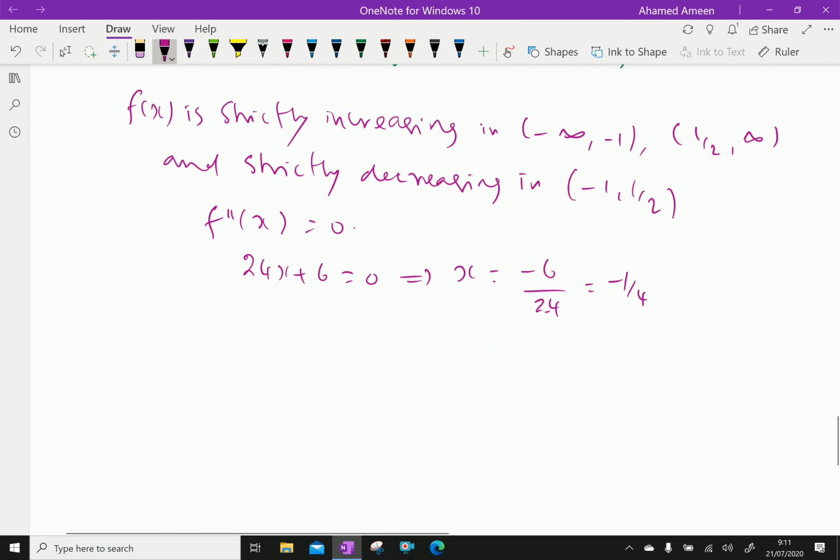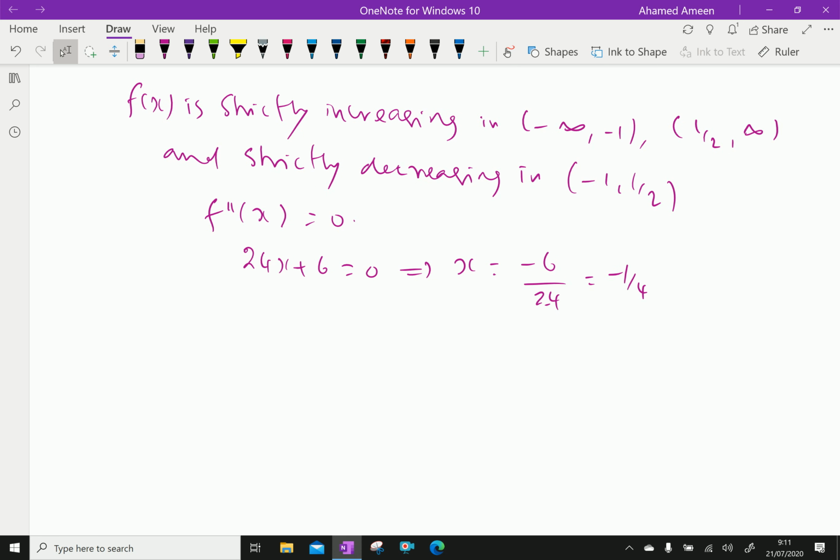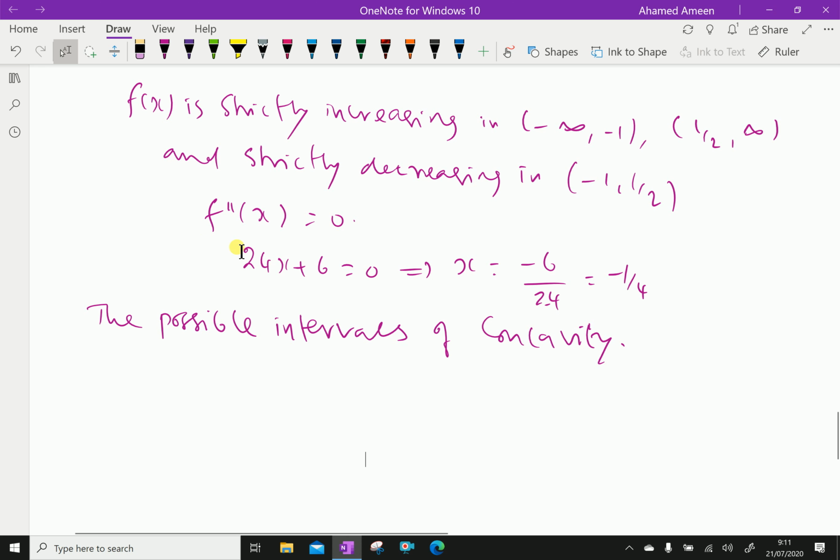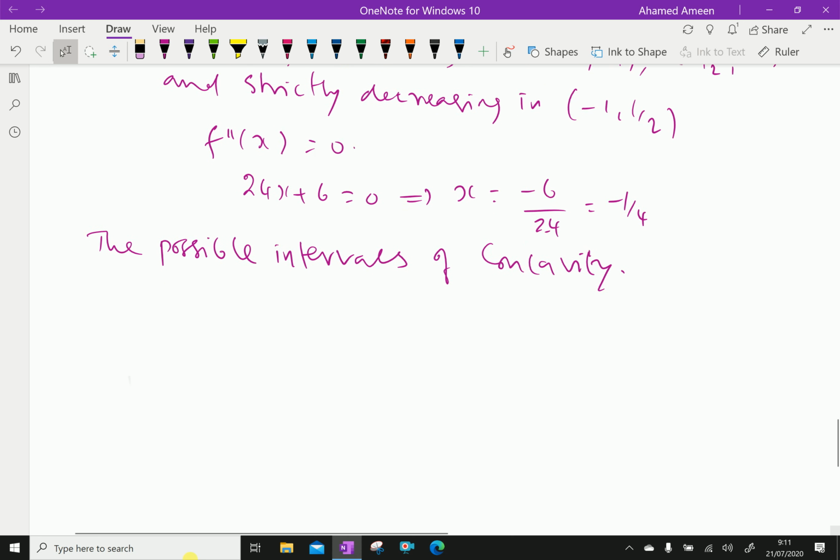Therefore, for the possible intervals of concavity we find f double dash of x, equate it to 0, and get x equal to minus 1 by 4.